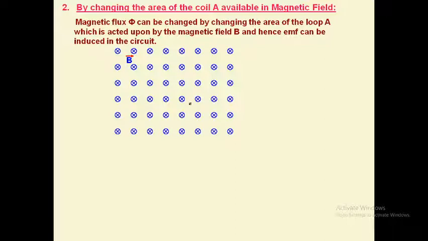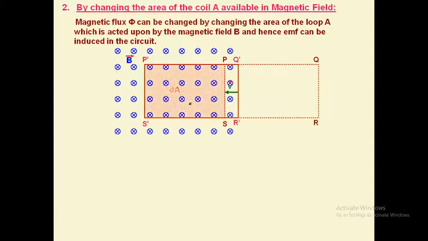These blue circles represent the region of magnetic field, and you have a coil PQRS. How can you change the area? Right now, very less area of the coil PQRS has magnetic field. So let us push this inside.